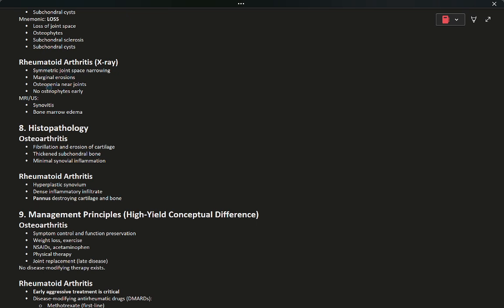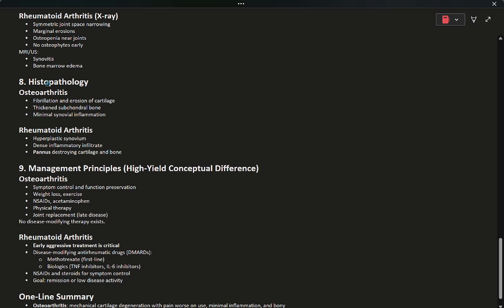It will also show osteopenia near joints, and in early stages there may not be osteophytes. And then, if MRI or ultrasound is ordered, it can show the presence of synovitis and bone marrow edema.